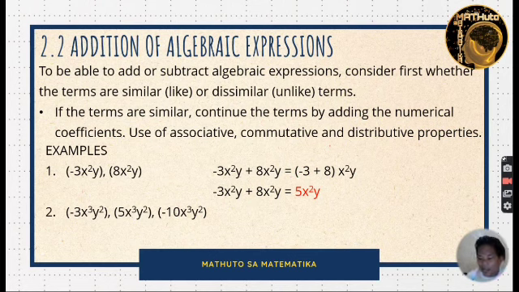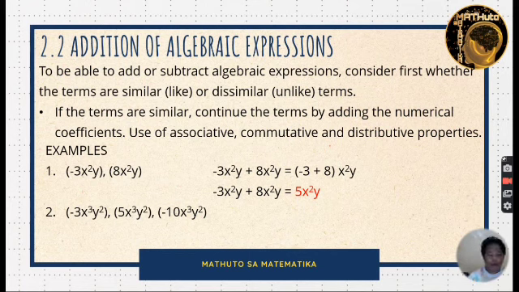They have different signs, so we're going to subtract and copy the sign of the bigger number. Subtracting 8 minus 3, the difference is 5, and the sign of the bigger number is positive. So our answer is 5x squared y.